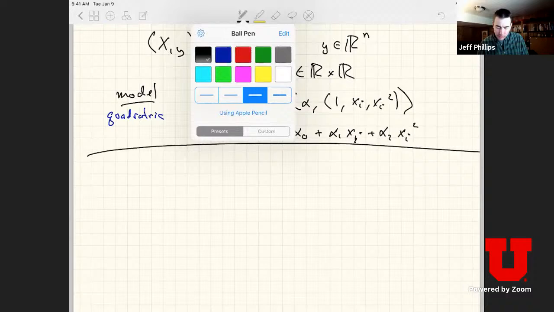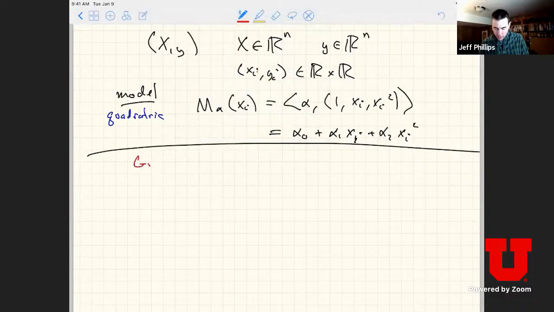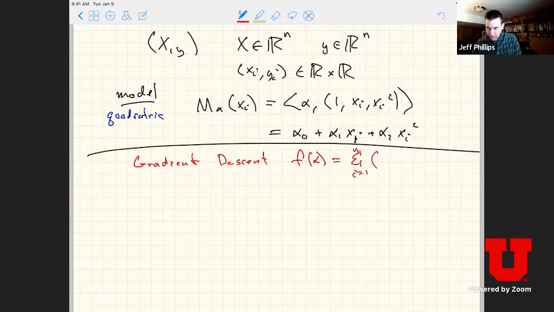What we need to do is run gradient descent on this f function, which is the sum from i equals 1 to n of M of alpha xi minus yi, squared. I think I write this the other way around, just to be consistent. So this will be our overall function we're trying to optimize over the choice of alpha.